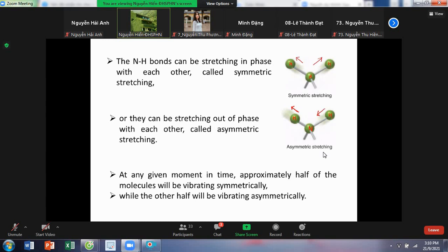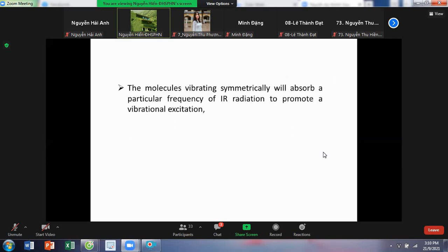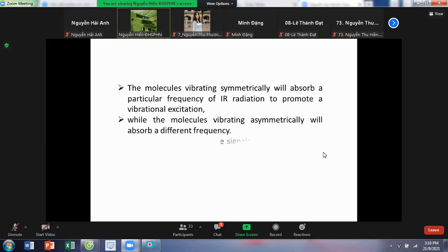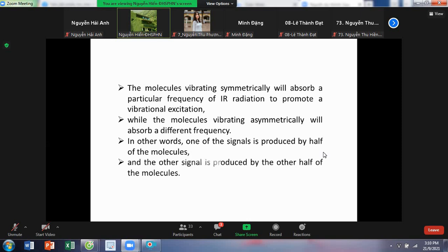And therefore you see two different peaks that are close to each other, in the range of the absorption of the NH. One signal is produced by half of the molecules, and one signal is produced by the other half. So you see that you have two similar peaks.